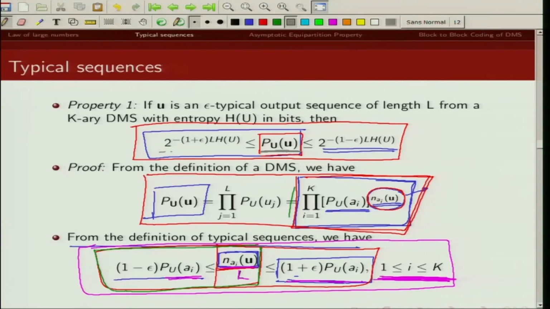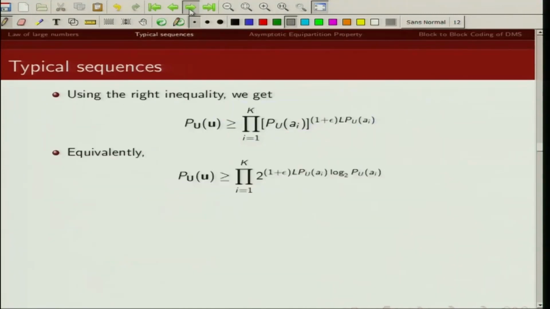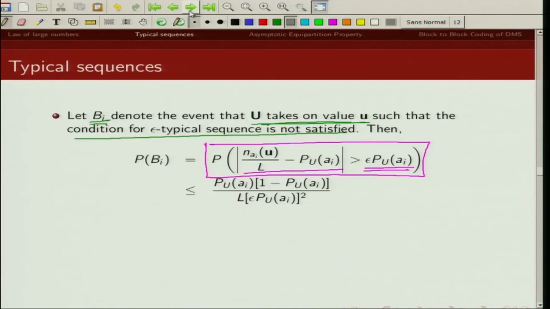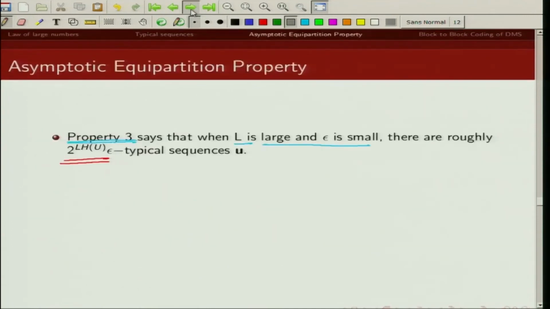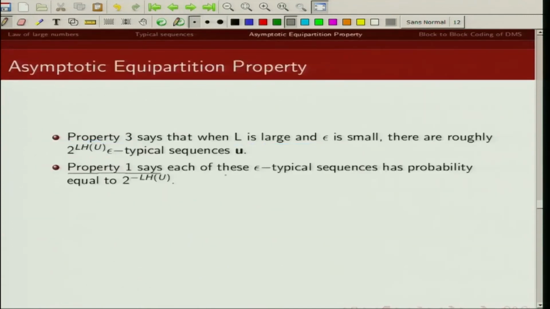Now, if you let epsilon be very small and L very large, you can see this probability of occurrence of a typical sequence is roughly 2 raised to the power minus L H(U). So property 1 says that there are a total of this many epsilon typical sequences, and each of these typical sequences occurs with probability 2 raised to the power minus L H(U).